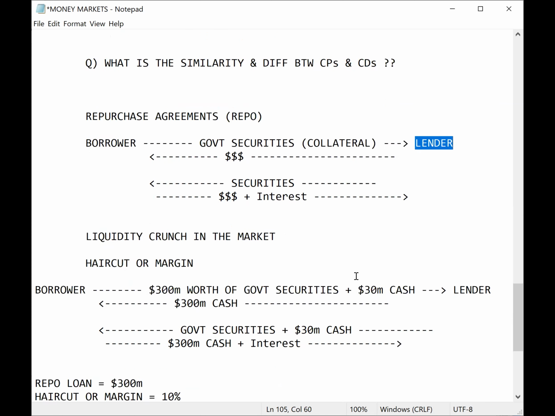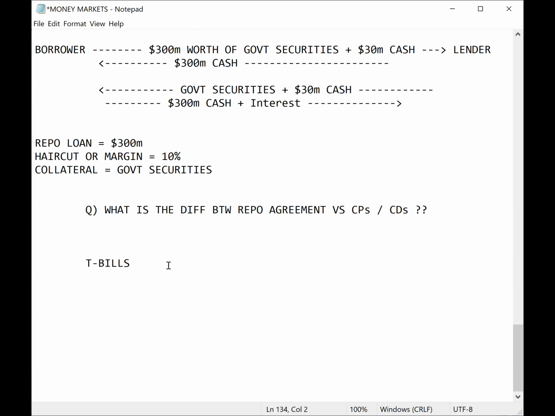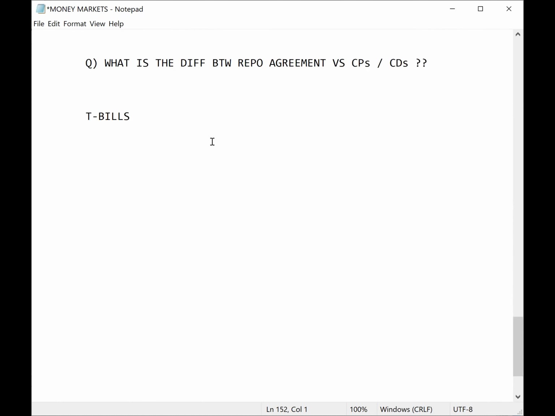Okay, let's go ahead, guys. Last one is our treasury bills. Treasury bills are issued by Treasury.